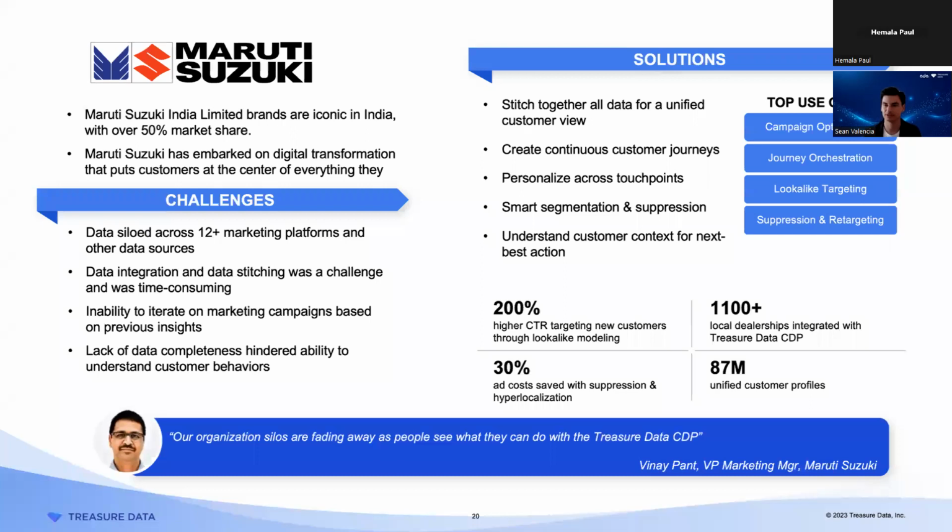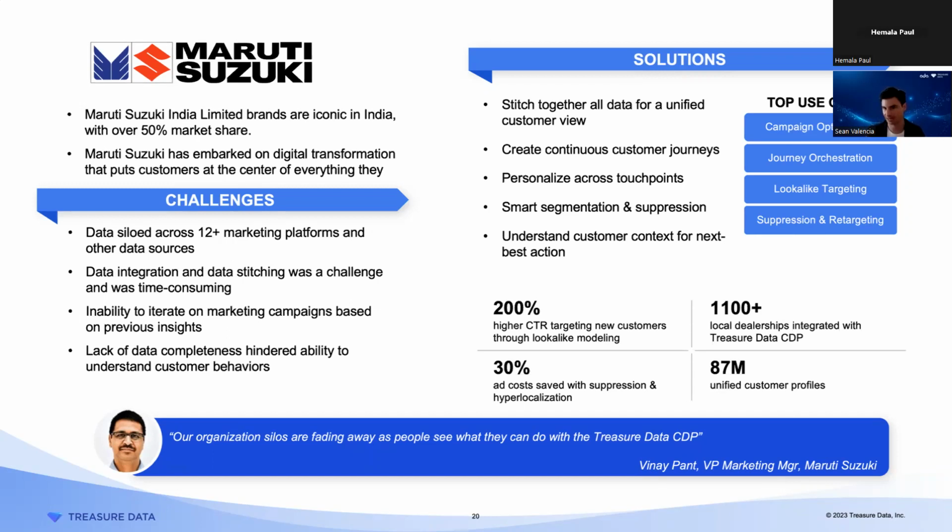Some of them we've already mentioned. One of them is Maruti Suzuki, who I mentioned. You can see on the top right the key use cases they have been focusing on: optimization, orchestration, lookalike targeting, which is trying to predict who their best customers are and focus resources on those, and suppression.